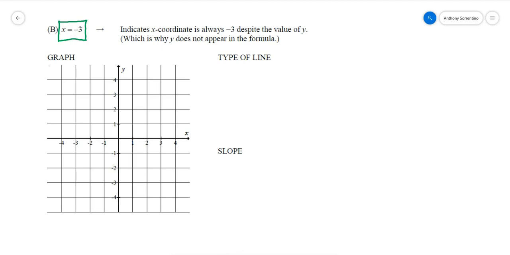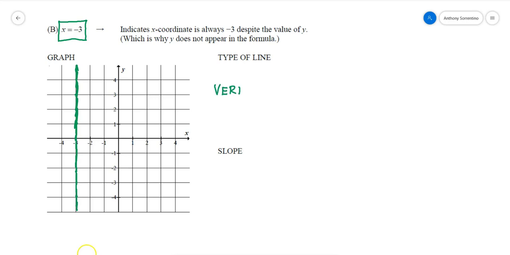So y could be anything, x will always be negative 3. So x could be negative 3, y could be 1, or it could be 3, or negative 4, or negative pi, which would be something like right here. So x equaling negative 3 would be this line right here.